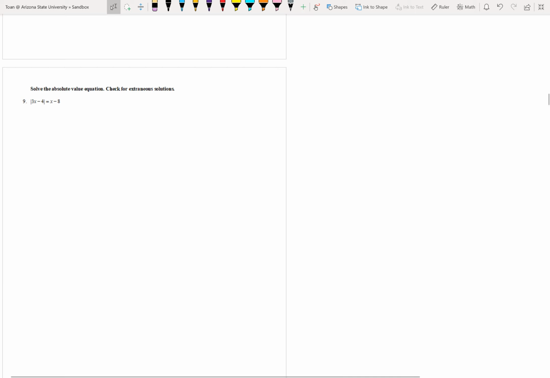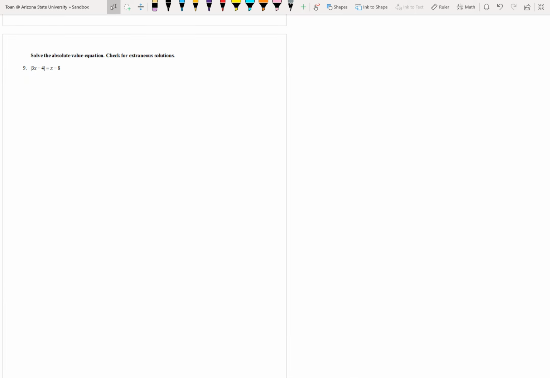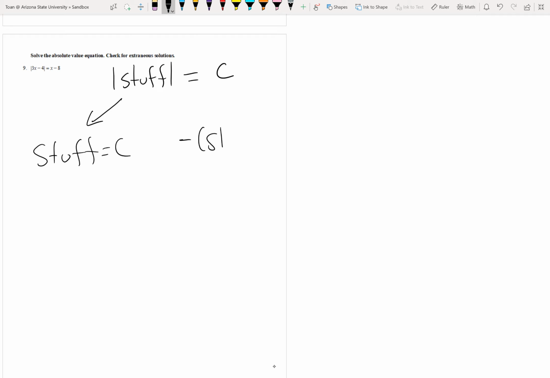Finally, something new, absolute value equations. So the idea is that when you have absolute value equations, that if you have absolute value of stuff equaling whatever, I'll use the letter C to denote whatever we have here. The idea is this: you're going to set up two equations. One, you just do the regular without absolute values, and then what you're going to do is take the opposite of whatever's inside the absolute value and set it equal to the other side.